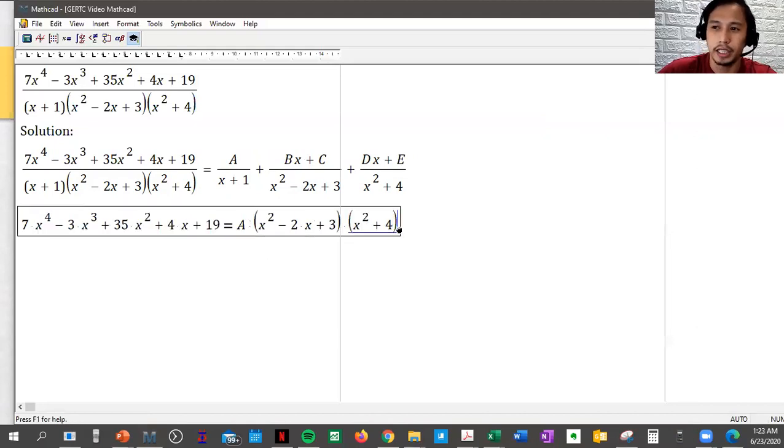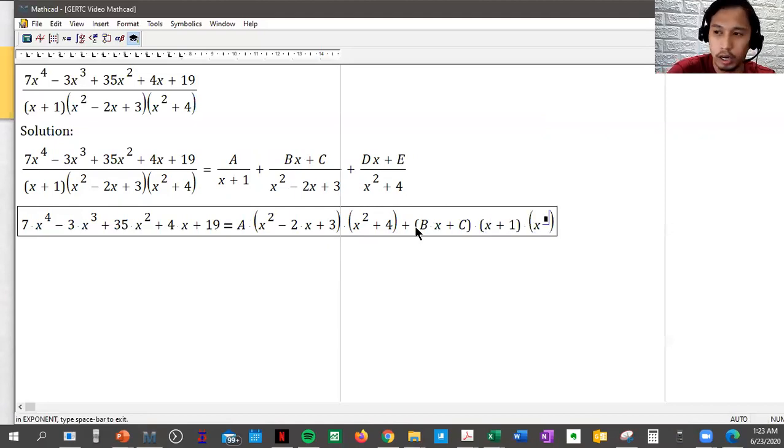Then for bx plus c, the x squared minus 2x plus 3 cancels, so what remains is x plus 1 and x squared plus 4.